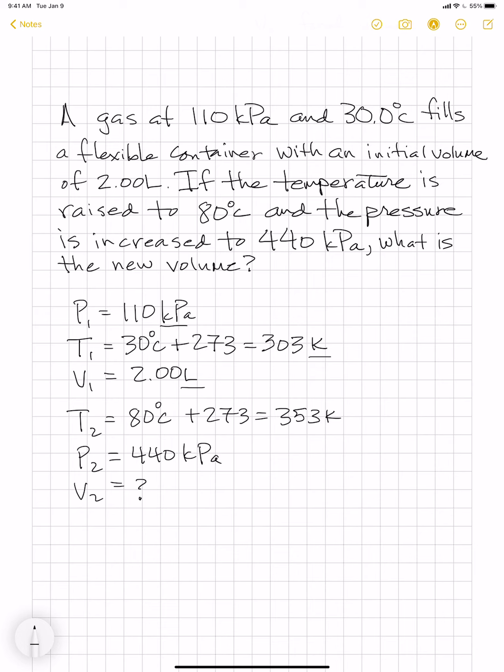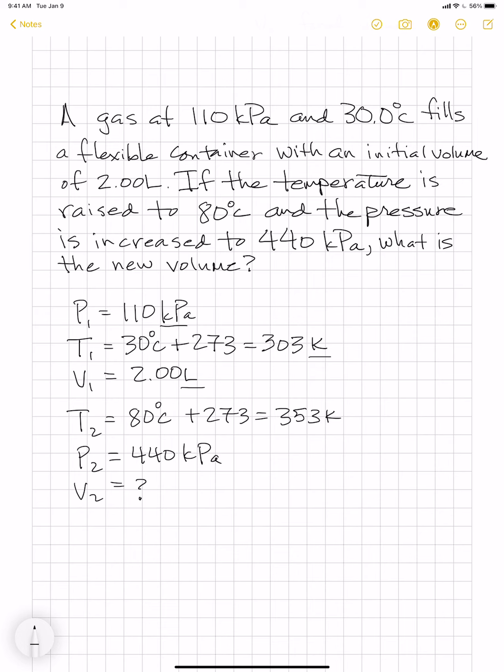If you increase the temperature, you're going to increase the volume. That's Charles' law. Uh-oh. So you got one thing trying to make the volume smaller, and you've got one other thing trying to make the volume larger. So it's like a war. Who's going to win the war? Boyle's law or Charles' law? Well, let's find out. Let's put in the information, and let's solve for what we know.